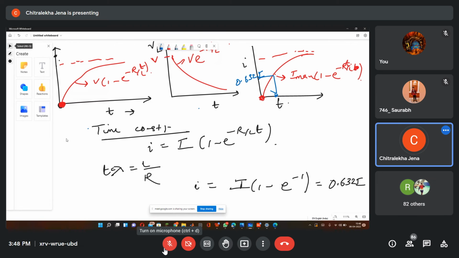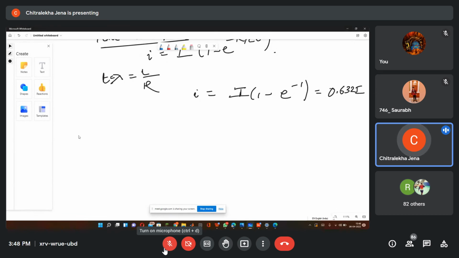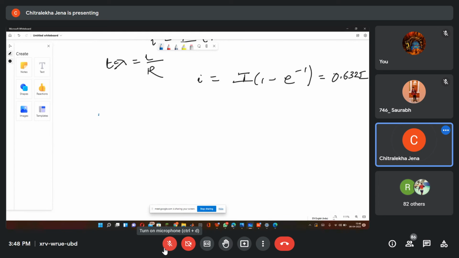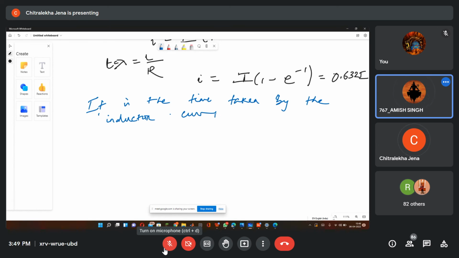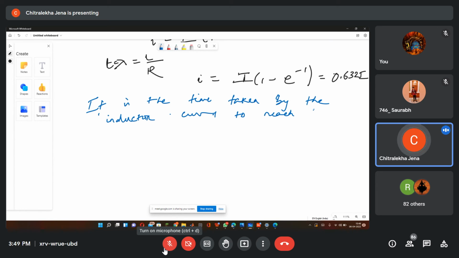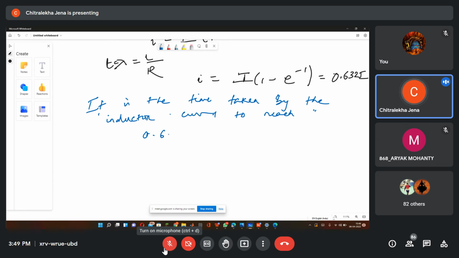How will you define time constant? It is the time taken, write down, it is the time taken by the inductor current to reach 0.632 times its maximum value.